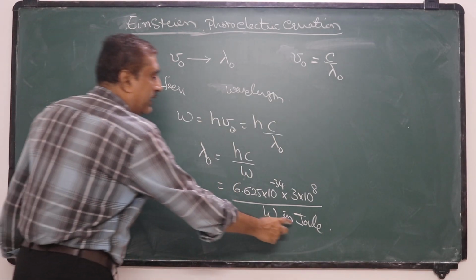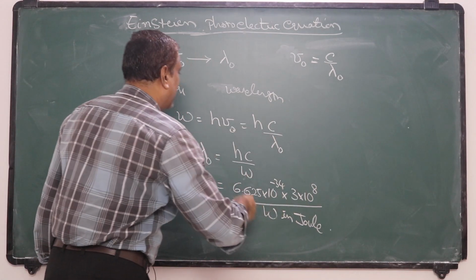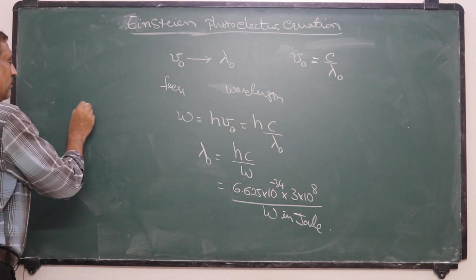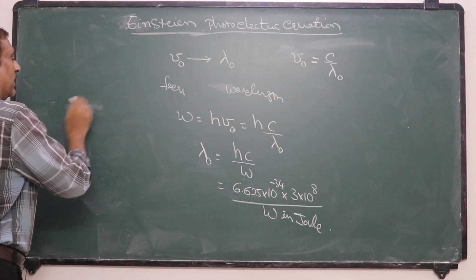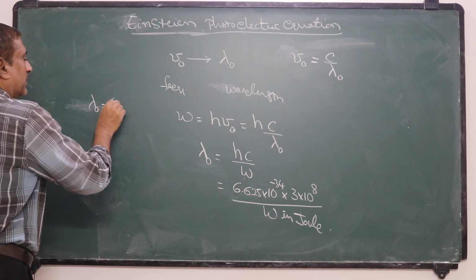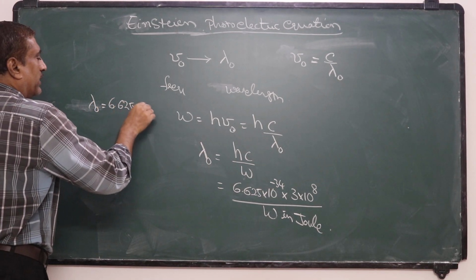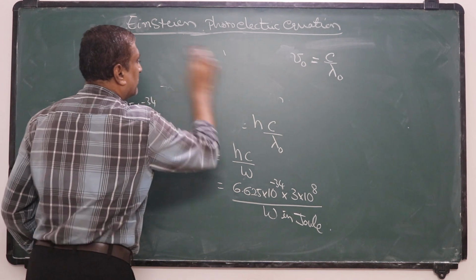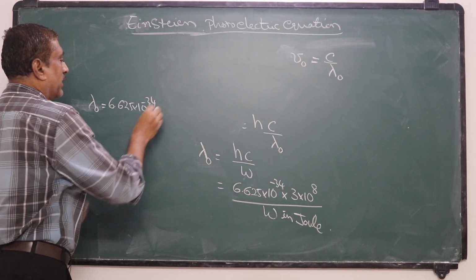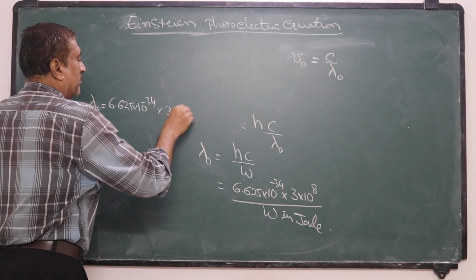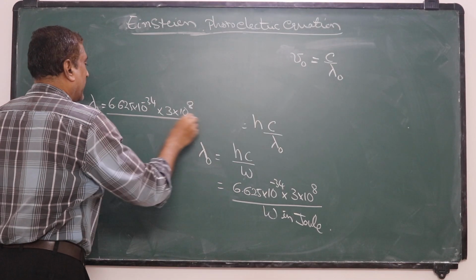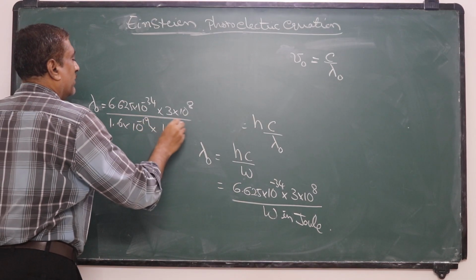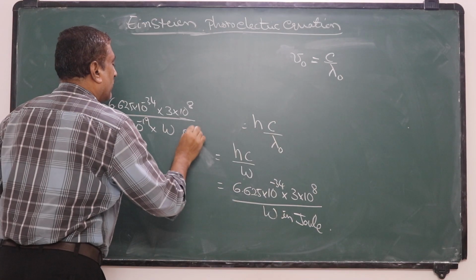If we write W in electron volts, we use the conversion between joule and electron volts that we discussed in the last class. So λ0 is equal to 6.625 × 10^−34 × 3 × 10^8 divided by 1.6 × 10^−19 × W, with W in electron volt.